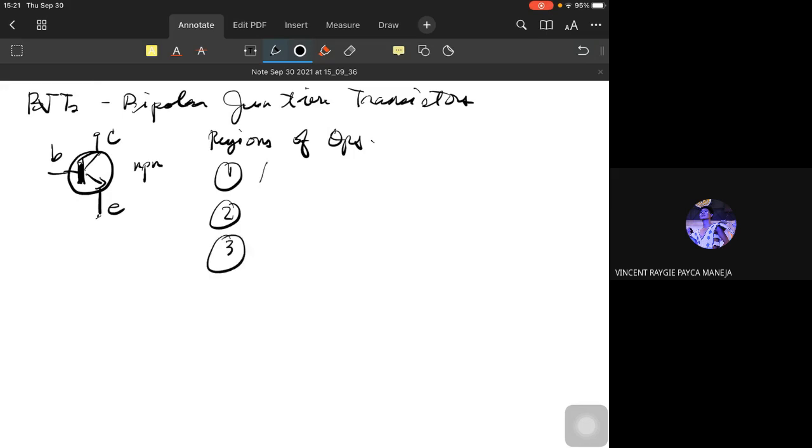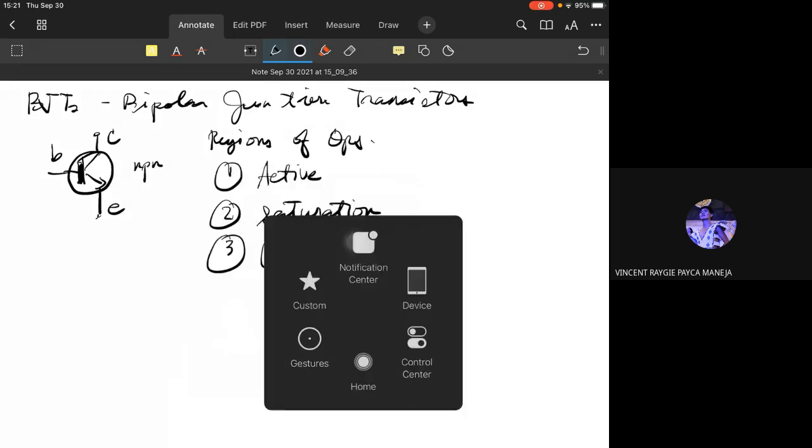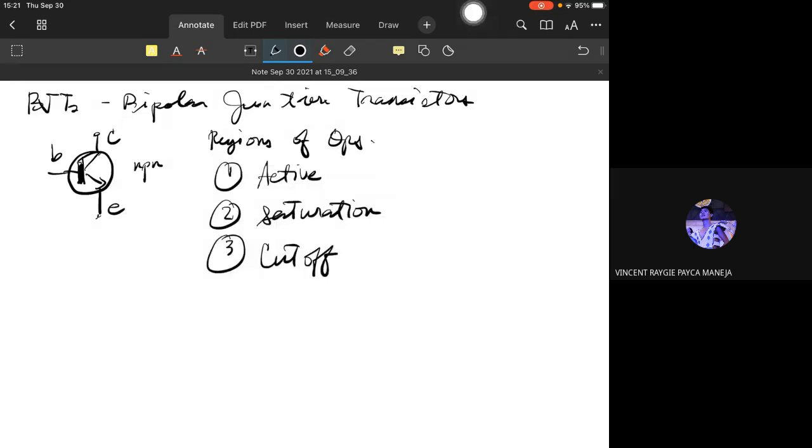We have the active region, the saturation region, and the cutoff region. So all of this, ang ako lang ipang point out is are those points that are very important for our discussion this afternoon. Pero I guess we've already covered this one in detail last time, no? So try to review na lang based sa notes, no, natong gigamit last meeting.